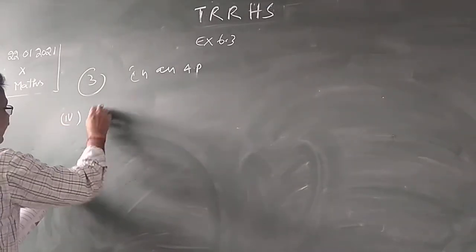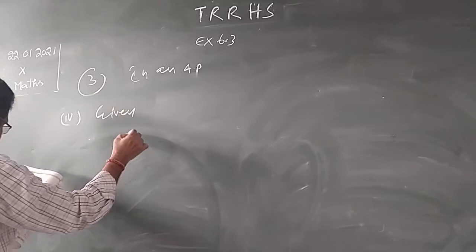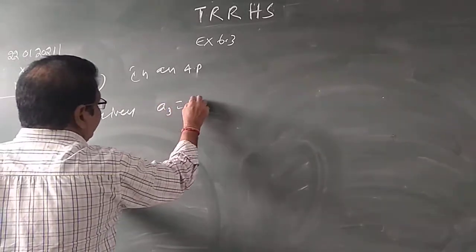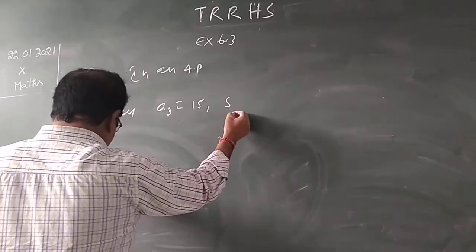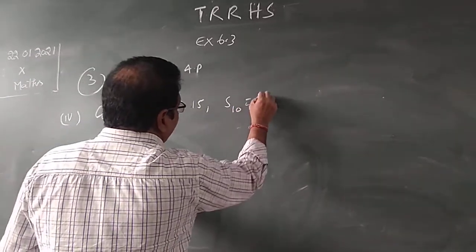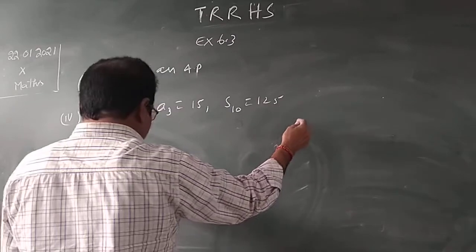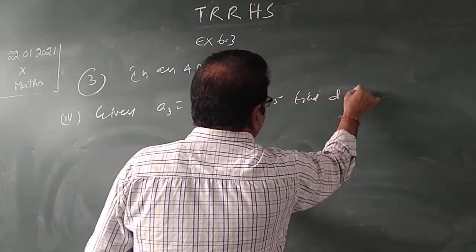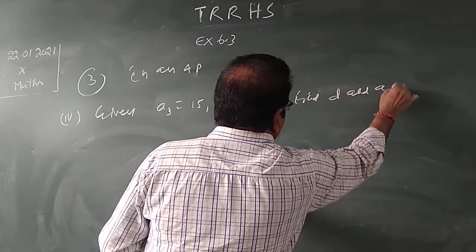Fourth bit. Given A3 is equal to 15, S10 is equal to 125. Find D and A10.